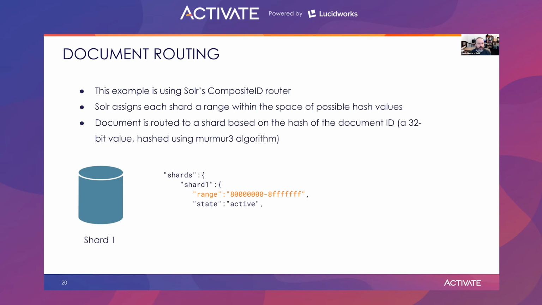Solr internally uses the Murmur3 algorithm for this hashing. So effectively what we have now is a query parser which allows us to query the customer's collection, but only return the customers whose customer ID would hash into the same range as one of the shards in the local collection.